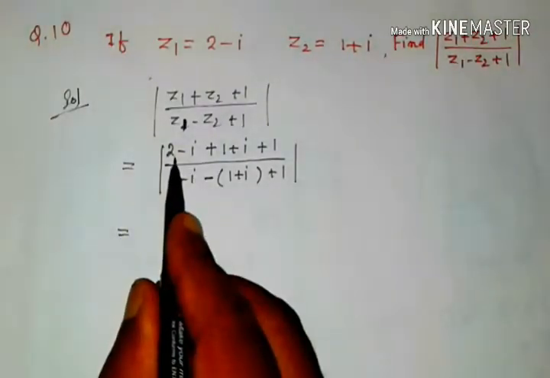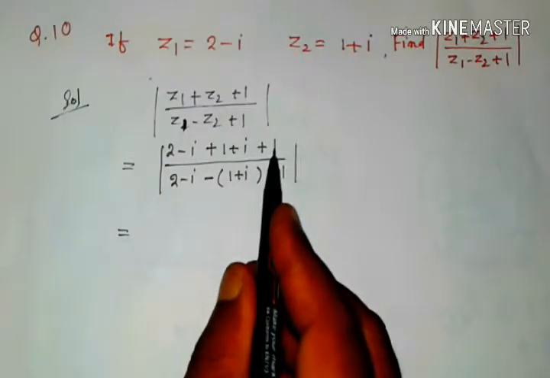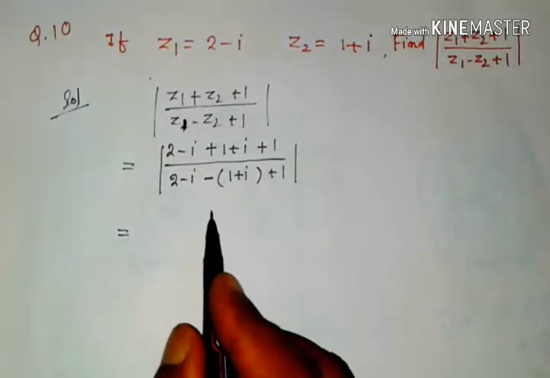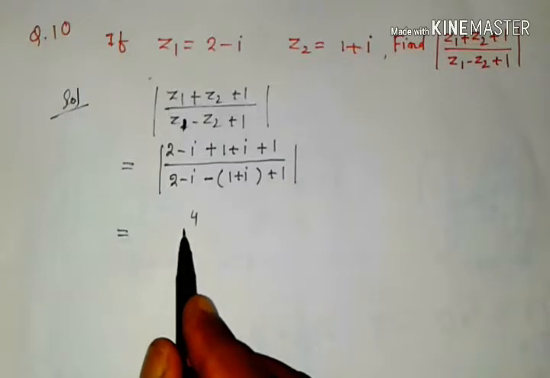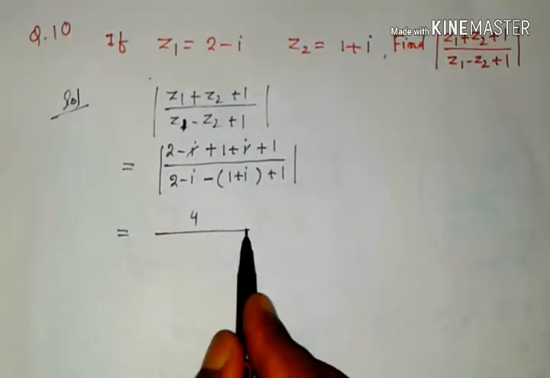Now in the numerator, this is 2 plus 1 plus 1, that is 4, and i is going to cancel.